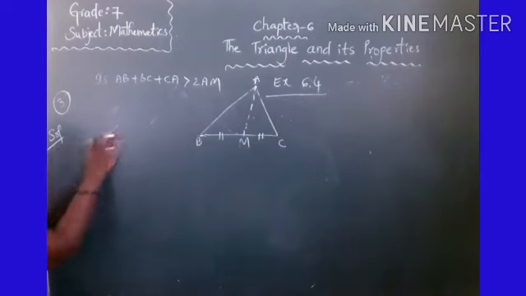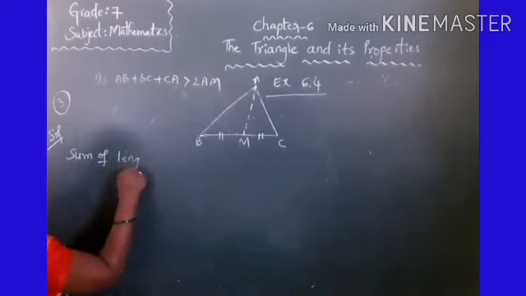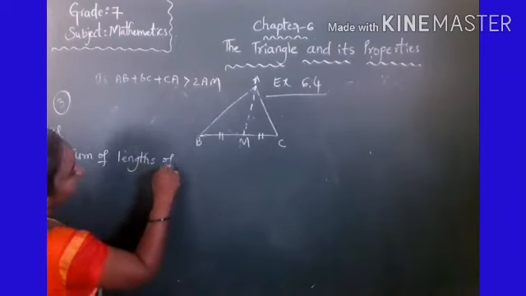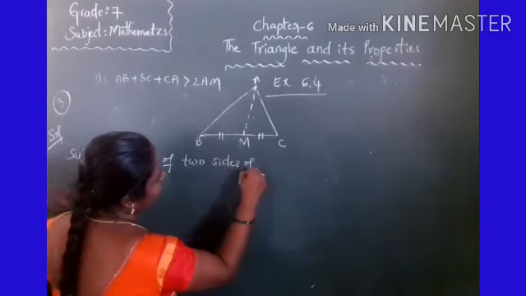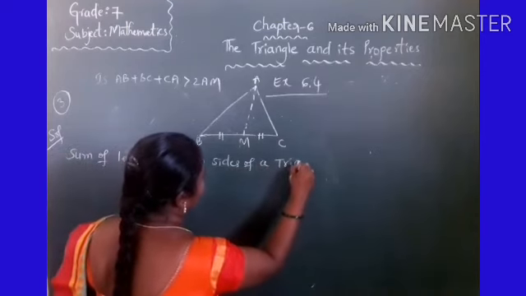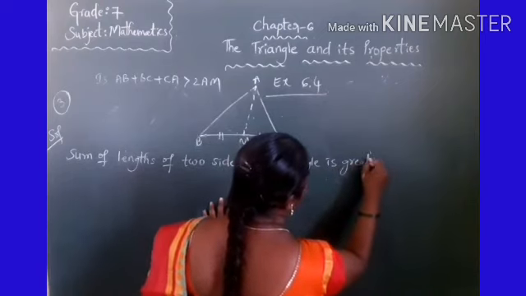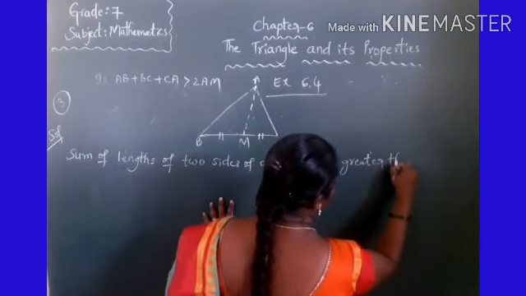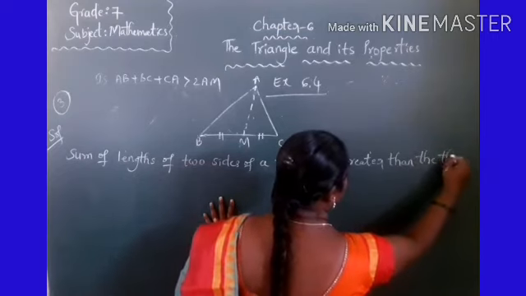We know that the sum of the lengths of two sides of a triangle is greater than the third side.